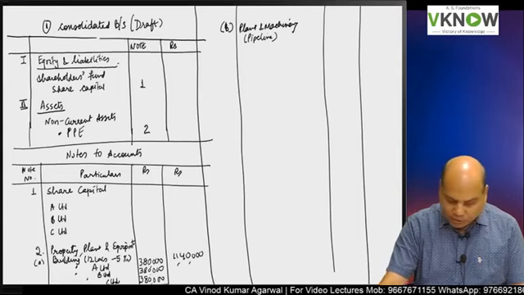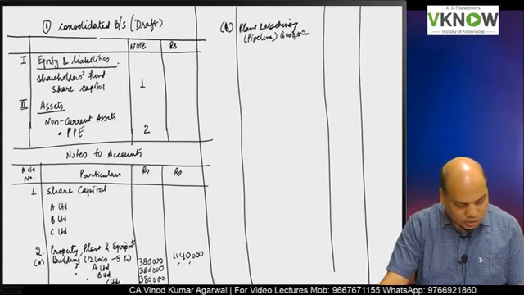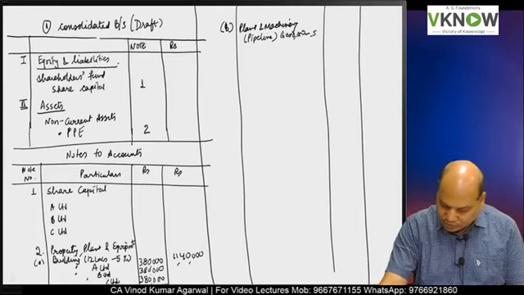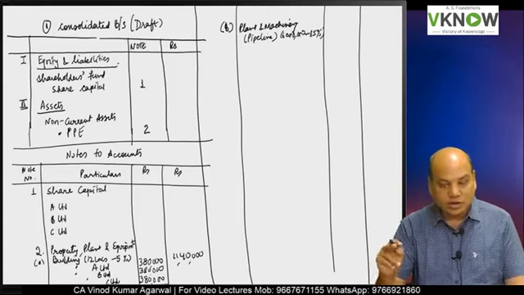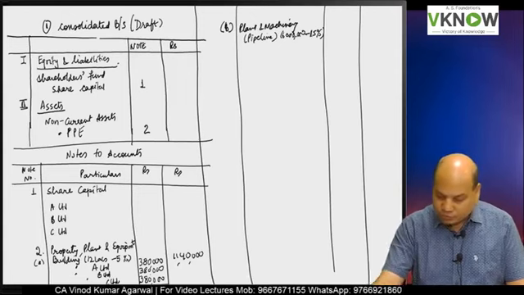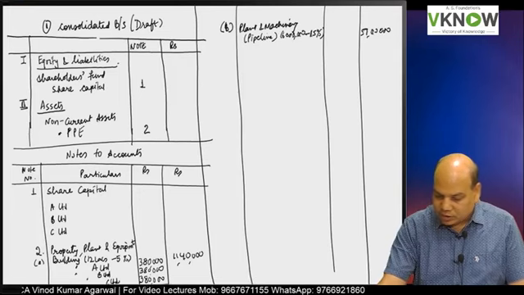The cost of the pipeline is 60 lakh, minus depreciation at 15%. 60 lakh minus 15% is 51 lakh.